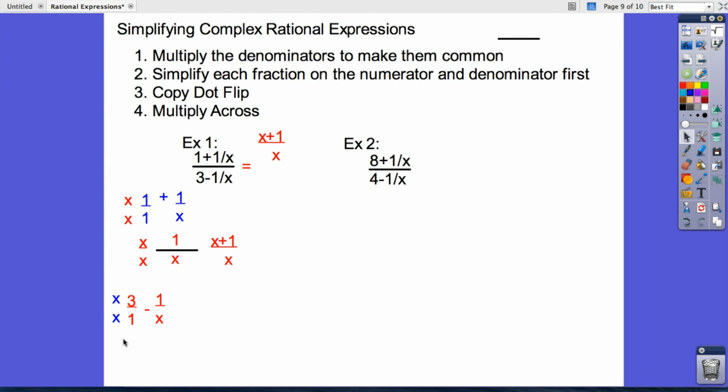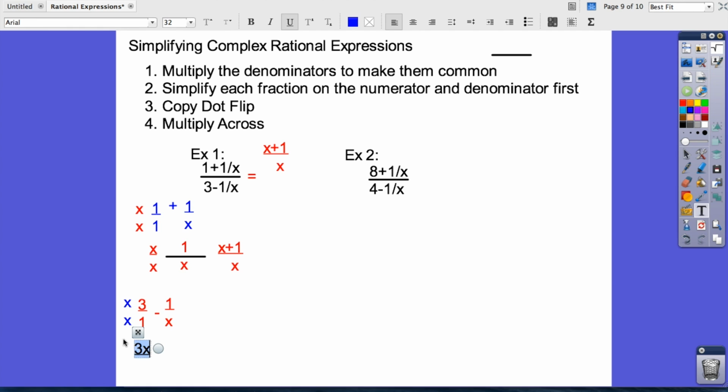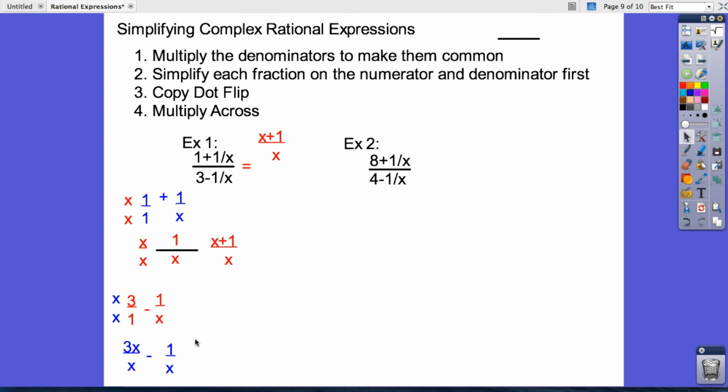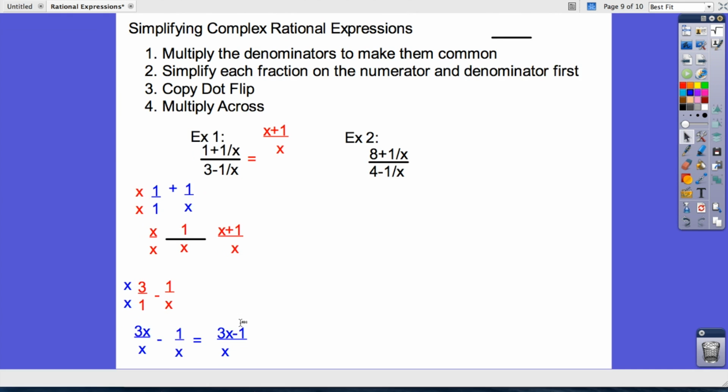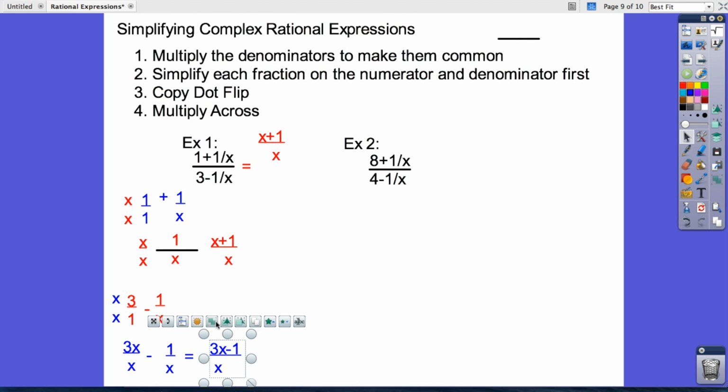And then we're going to be left with 3x all divided by x minus 1 divided by x. And when we do the subtraction, that's equal to 3x minus 1 all divided by x. And now we have officially simplified the denominator.